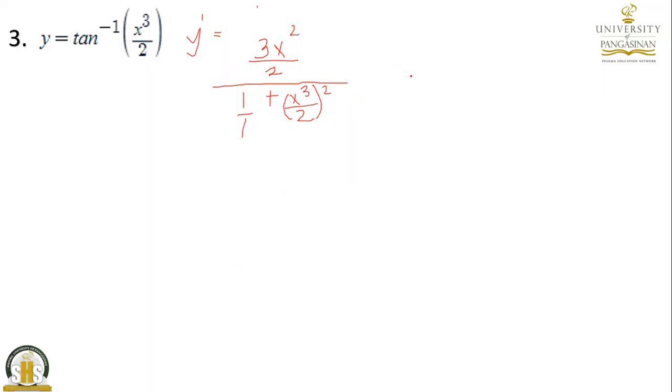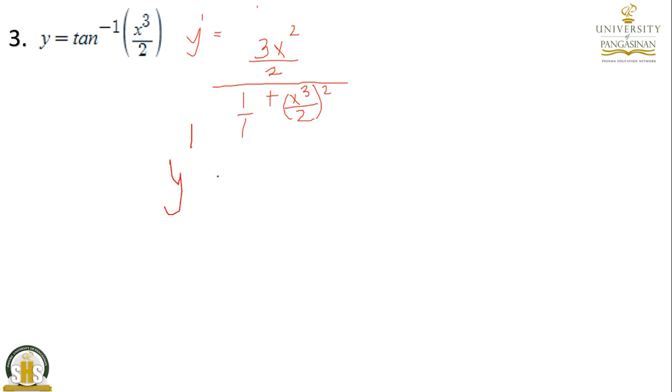So, ang gagawin natin dito, kung babalikan natin yung STM 001 or General Mathematics, meron tayong tinatawag na inside, tapos outside. Okay? So, first, kunin muna natin yung 1 all over 1 plus x cube all over 2.